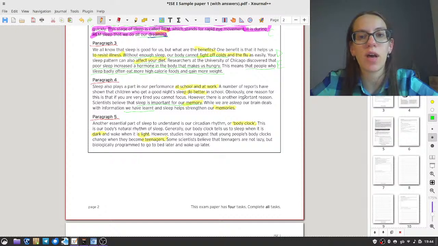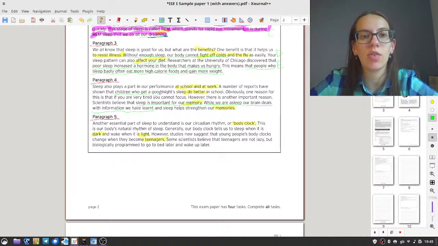So it looks like it is also true, yeah? Our brain deals with information we have learned when we are asleep. So it means we need to sleep after learning something. And then we also have another bit of information. Children who get a good night's sleep do better in school.